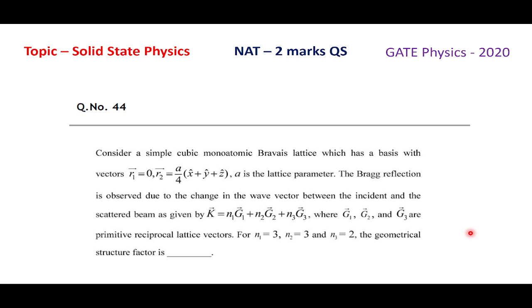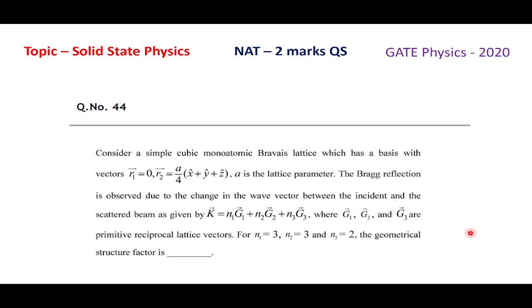The ratio of the amplitude of the scattered wave to the incident one changes due to the geometry of the basis. Yes, exactly. After scattering, you have different scatterers, or different basis atoms.